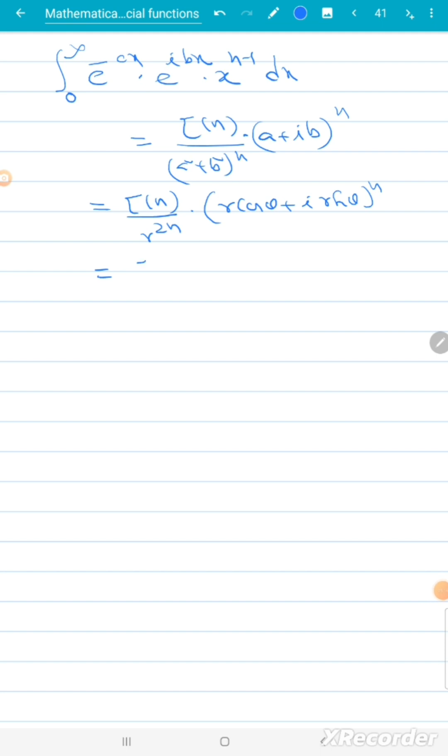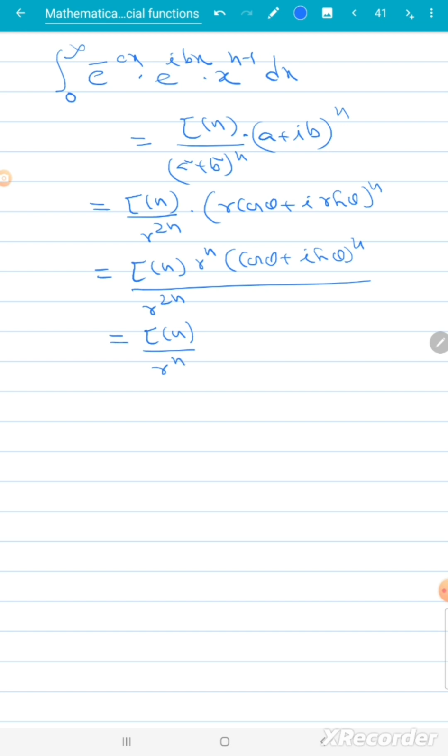So this is equal to gamma of n and r to the power of n into (cos theta plus I sin theta) whole to the power of n by r to the power of 2n. So this equals gamma of n by r to the power of n, since 2n minus n is n. And now I apply De Moivre's theorem. That value is equal to cos n theta plus I sin n theta.